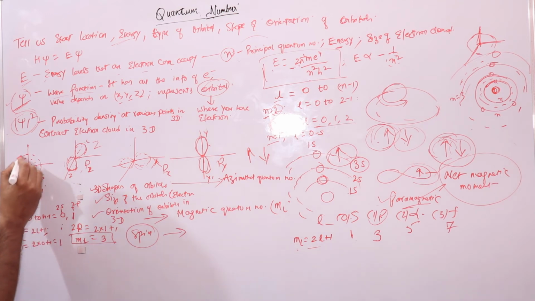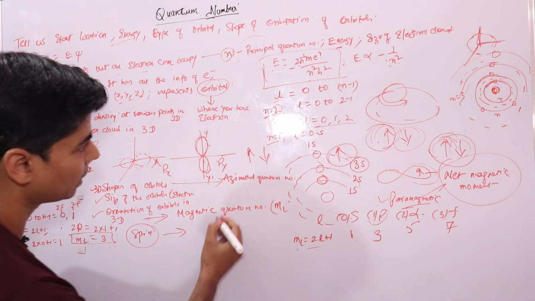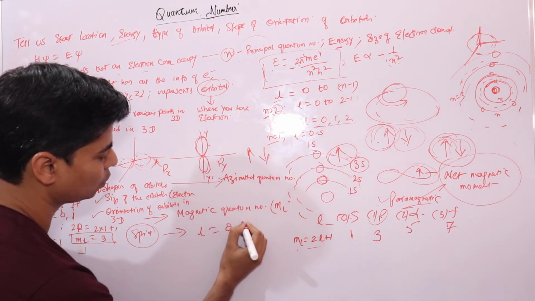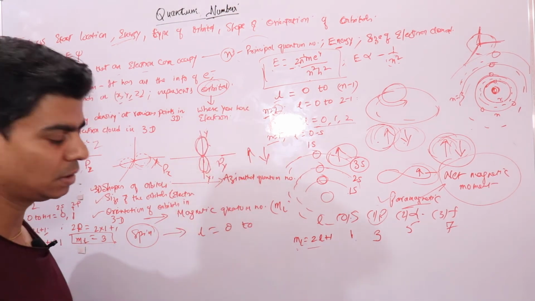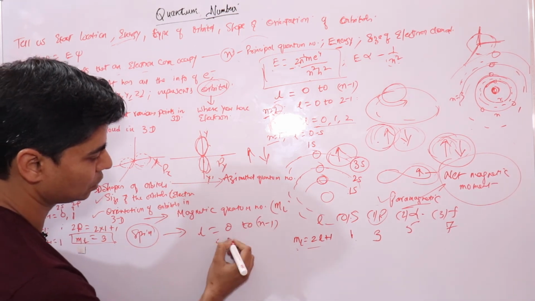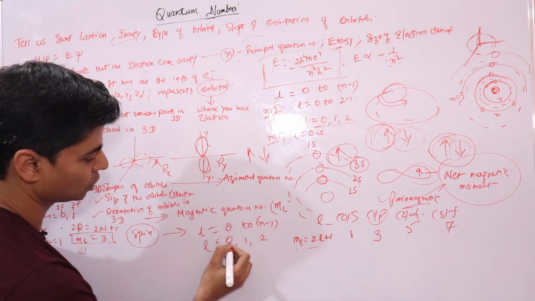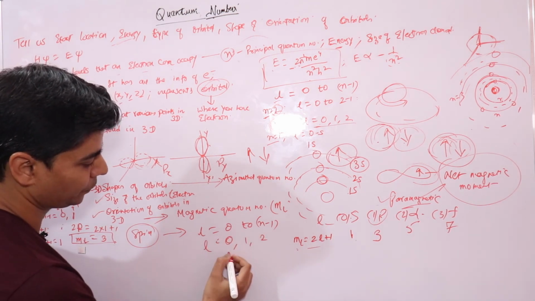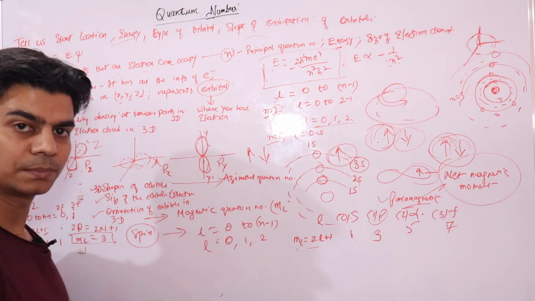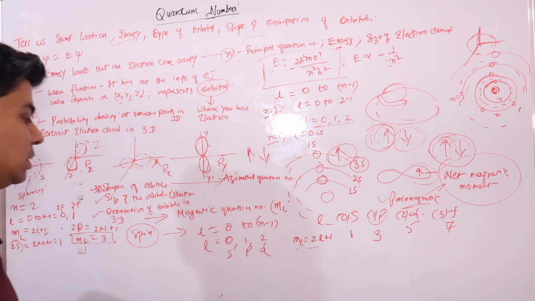The shapes of the orbitals are nothing but these electron clouds, the shapes of these electron clouds, which is given by the azimuthal quantum number, we also call it the subsidiary quantum number, 0 to n minus 1. If n is equal to 3, then 0, 1, 2, so different values of l will represent different shapes of the orbitals. 0 represents s, 1 represents p, 2 represents d.